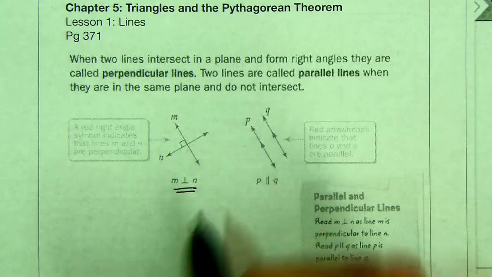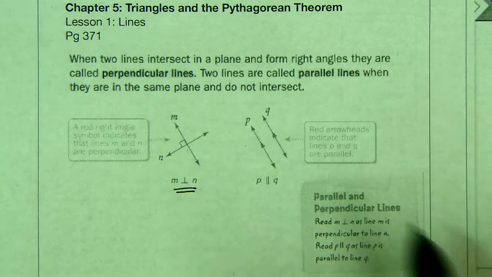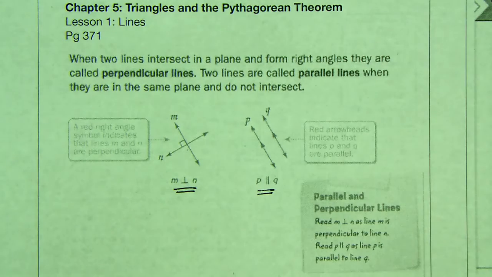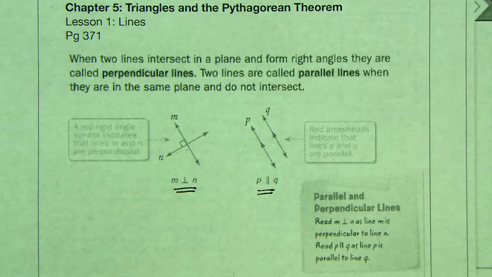When you see this right here, that means line M is perpendicular to line N, like that upside down capital T, and then parallel, they write it like this. We're going to be using that notation later, so make sure we understand what that means. And if you notice here, lowercase cursive letters is one way you can label lines, okay?